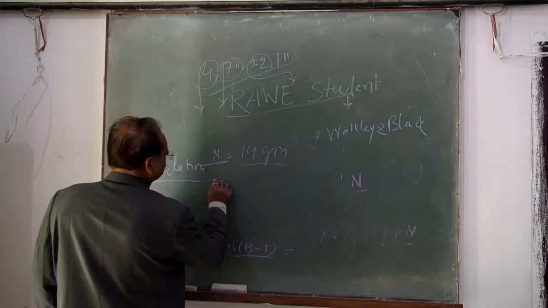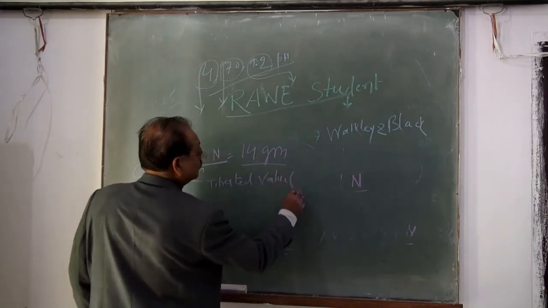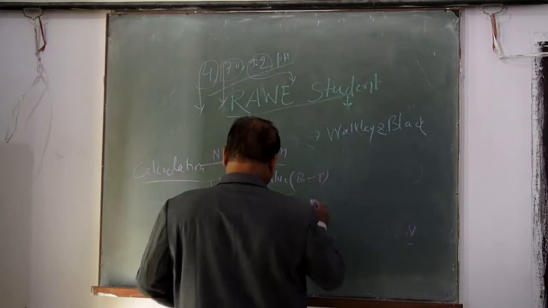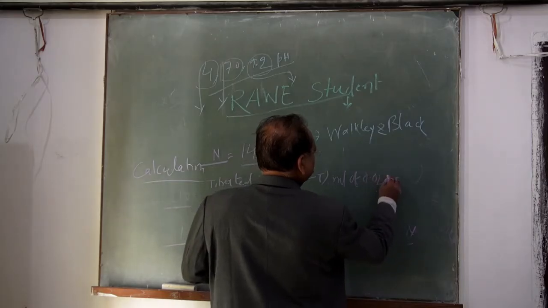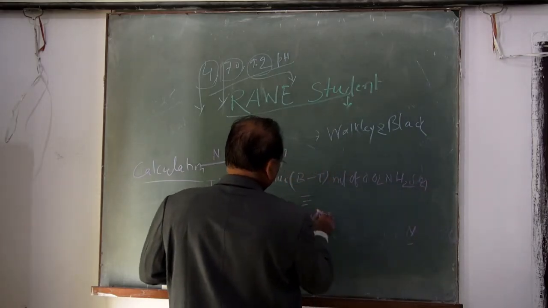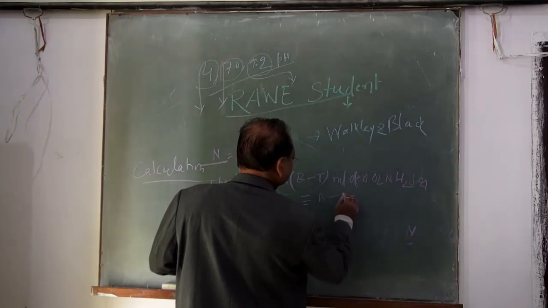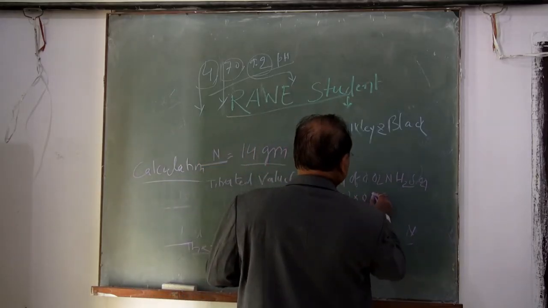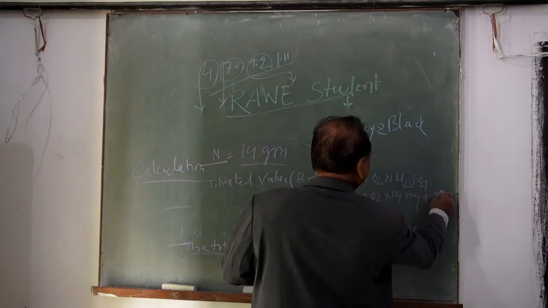Now just see, titrated value, blank minus T ml of 0.02 N H2SO4 is equivalent to B minus T into 0.02 into 14 milligram of nitrogen.